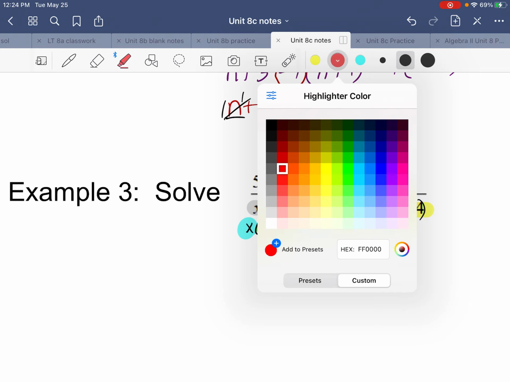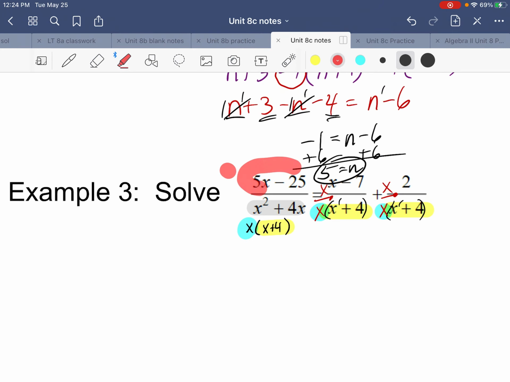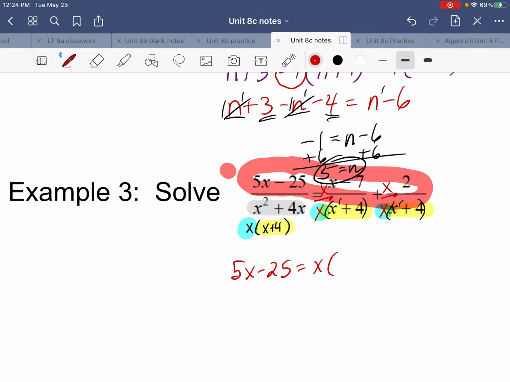So we have 5x minus 25 equals x times x minus 7. That's a binomial, so let's make sure to put that in parentheses. X times 2 is 2x. Okay, let's look at what else we have.